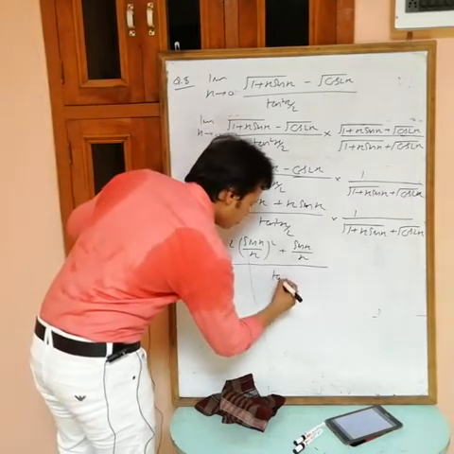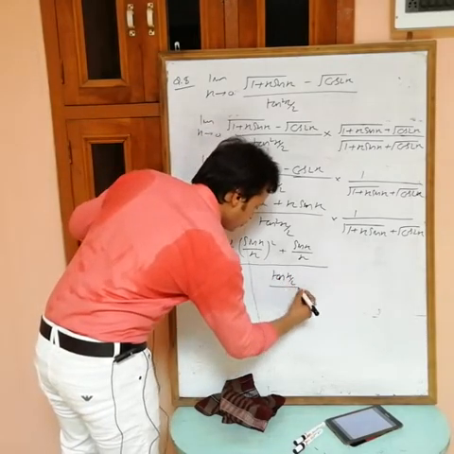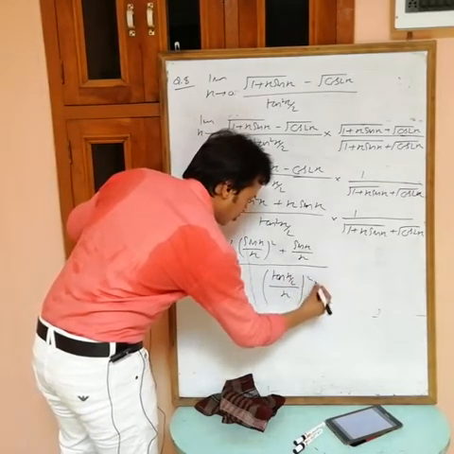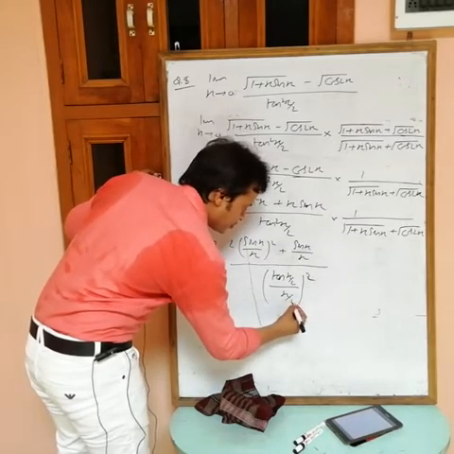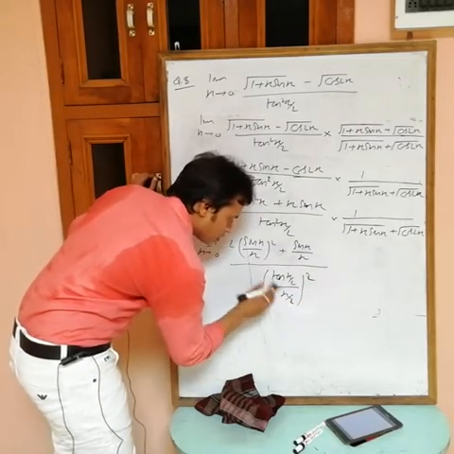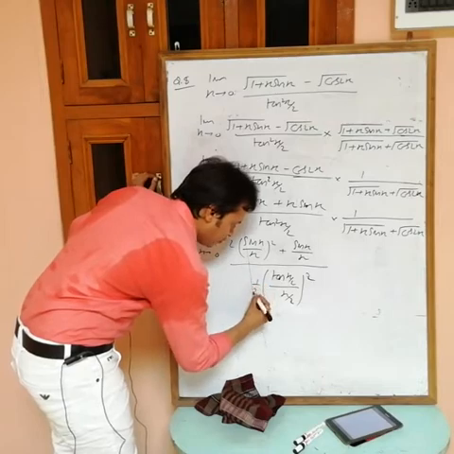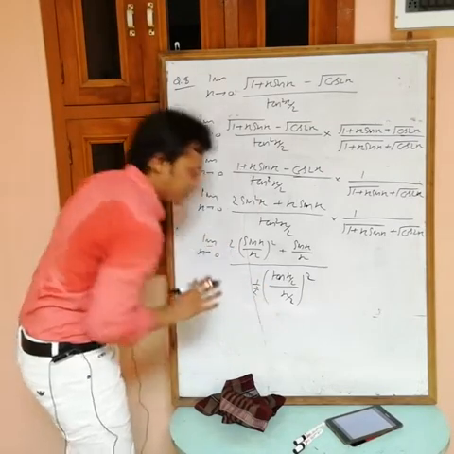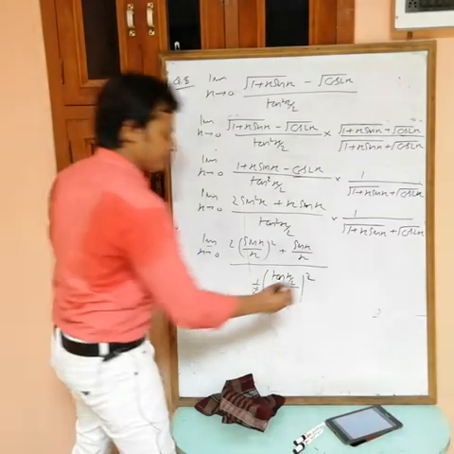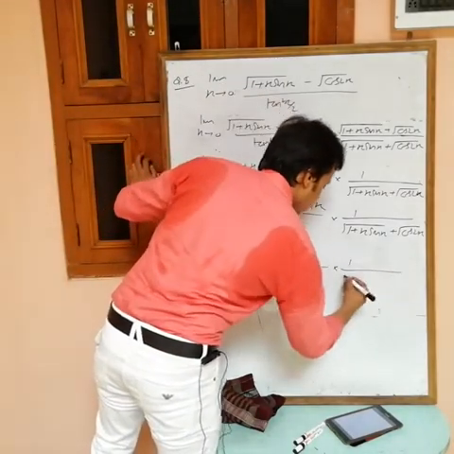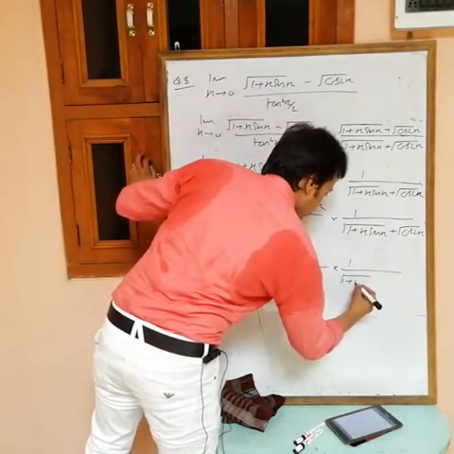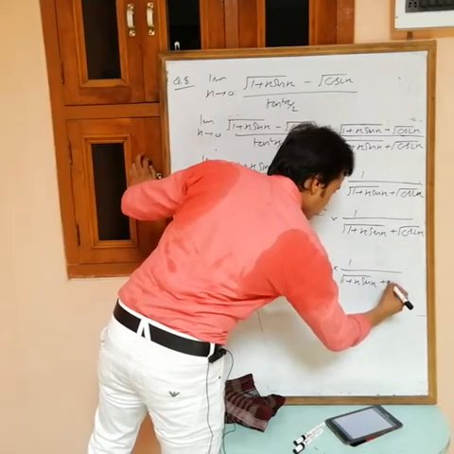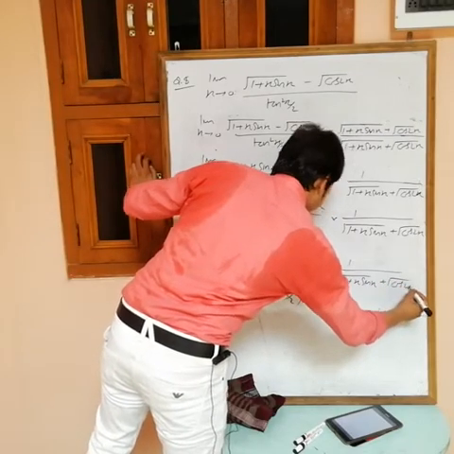Divide with x square, what we have is tan x by 2 by x whole square. But here we want x by 2. Okay, no problem, x by 2, then here 1 by 2 square, then 2 square will be cancelled out. Into 1 by root over 1 plus x sin x plus root cos 2x.